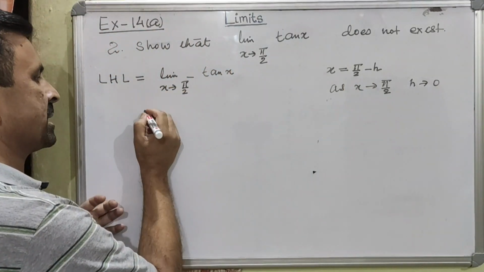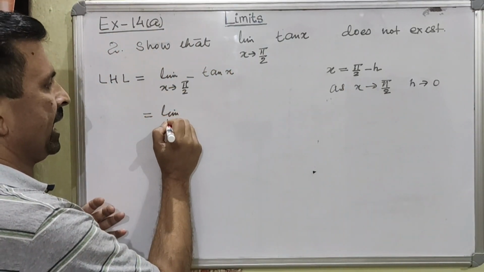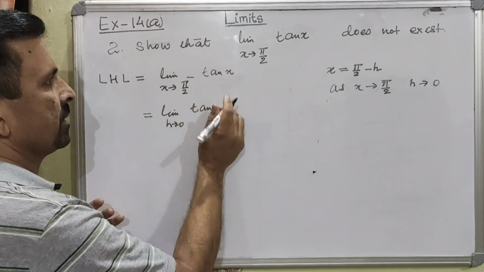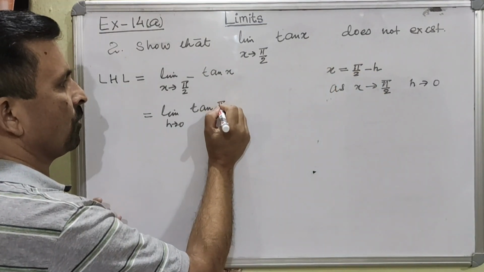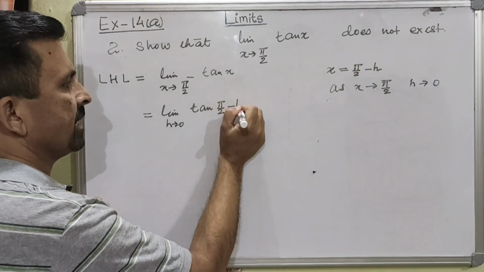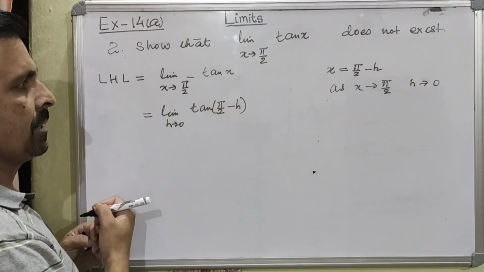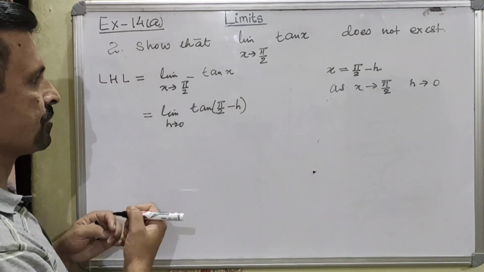Now we will change the limit. So this becomes limit h tending to 0, tan of pi over 2 minus h.